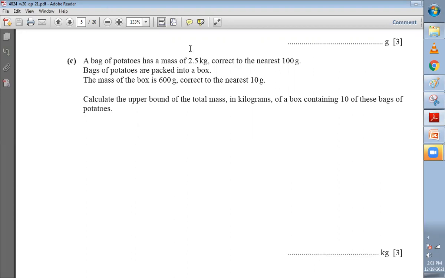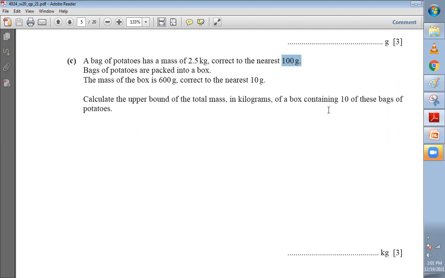Okay, so a bag is of 2.5 kg, and this is correct to 100 gram. So you will divide the 100 gram by 2, and you will get 50 grams. So 50 grams should be added to this to get the upper bound, and subtracted from it to get the lower bound. But there is a problem that these two units are not the same. This is in grams and this is in kg. The units must be the same.